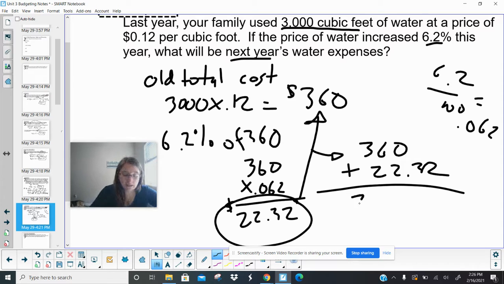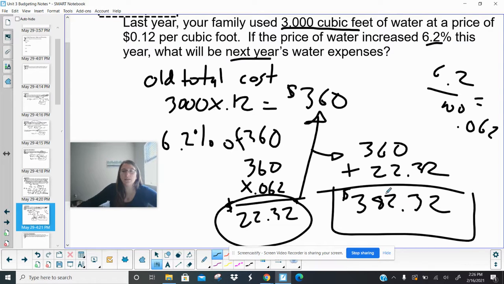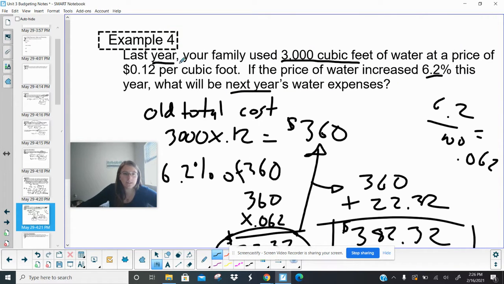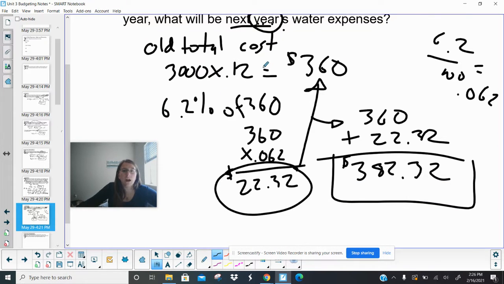You're going to find the percent increase and then add it to the old cost. So this is the new cost. Notice it says year and year. I skipped over this. I'm really bad about that. So we don't need to do anything with like multiplying by 12. Year, we're good. We found what the old cost was. This is now the new cost after adding on the increase.